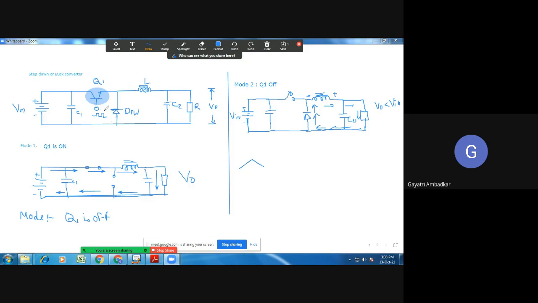When the transistor is on, let us draw some figures here. When the switch is on, what is the voltage across the diode? The diode was open circuited, therefore the whole voltage is across this diode, that is high voltage, plus V volt or VE.